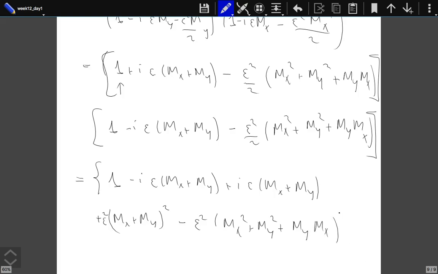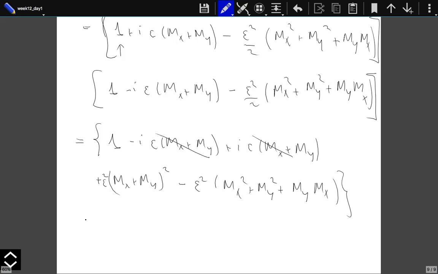This is I h bar, commutator of Jz with Jy, because Jz, Jx commutator is I h bar Jy, and this is equal to I h bar times minus I h bar Jx. Well, we started with Jx. In 2 steps, we are back in Jx.